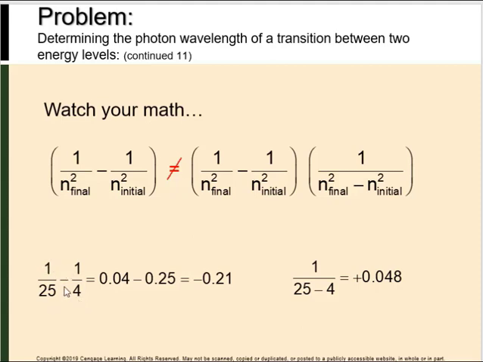So 1/25 minus 1/4 is equal to negative 0.21, and the wrong way is equal to positive 0.048. So we get different answers. Make sure that you stick with the way that the equation is written.